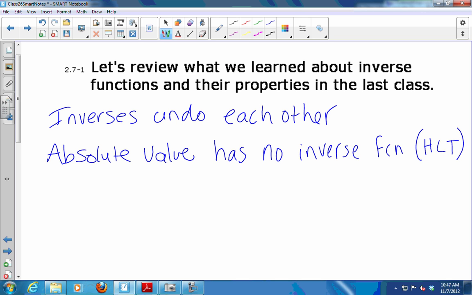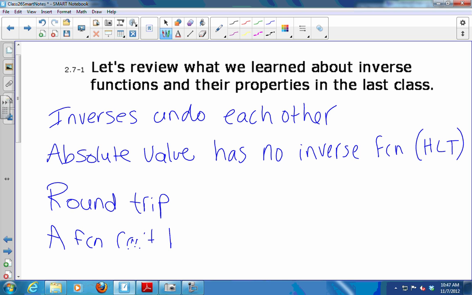What else? Undo each other. So yeah, that's kind of the round trip idea. Plug x in, you get x back. Yeah, Julie? A function can't have two outputs for one input.